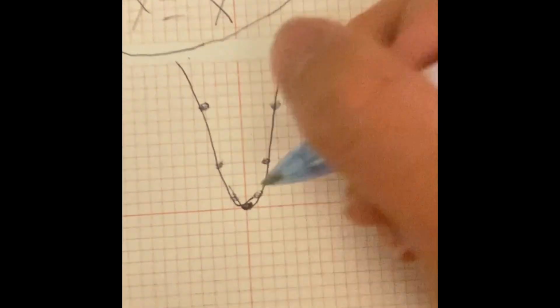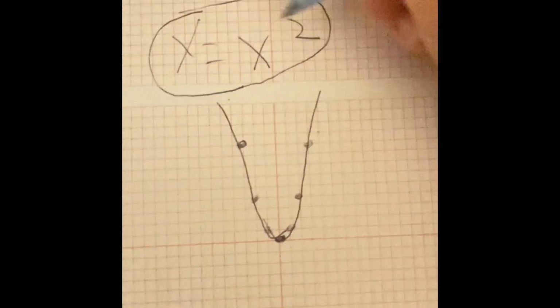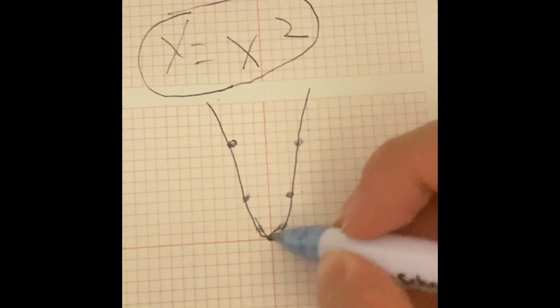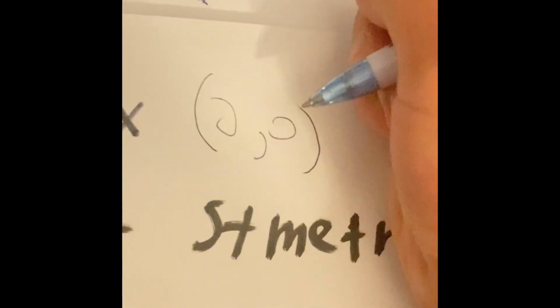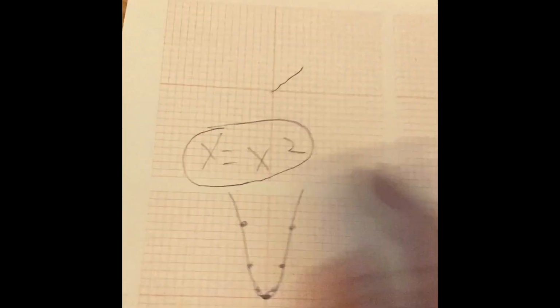Usually where they meet. So right there, we're gonna put a point right there. So it looks like, since it's y equals x squared, we can normally say that the vertex can be 0, 0.